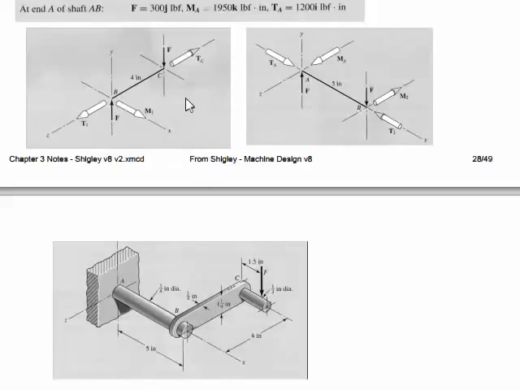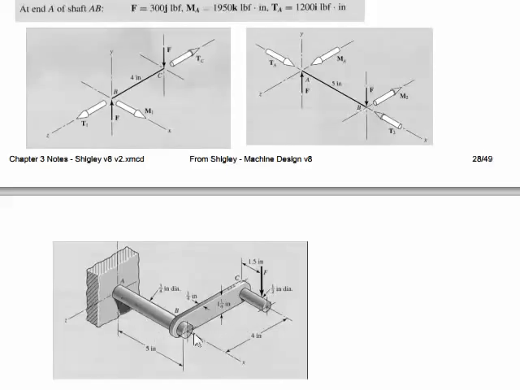We're also going to have a shear force acting downward on this end, same shear force acting upward on this end, but this force is also going to cause a bending moment. It's going to cause this bar to bend downward, so it'd be a bending moment about the x-axis.